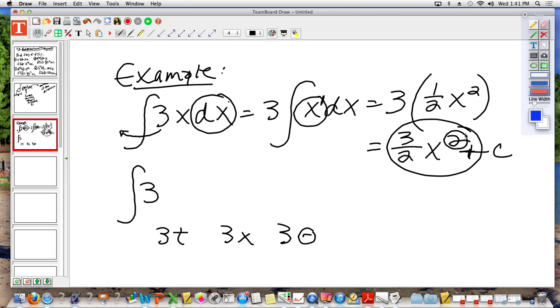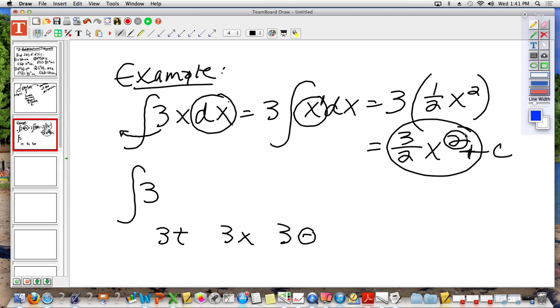You subtracted 1. So now if you are starting with this and you have to work backwards, you need to add 1. So the first thing that you do is take your power and add 1 to it. Does that make sense?